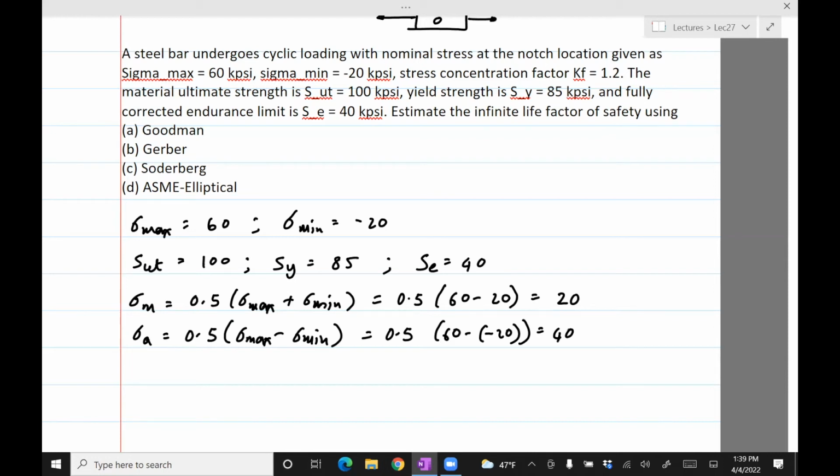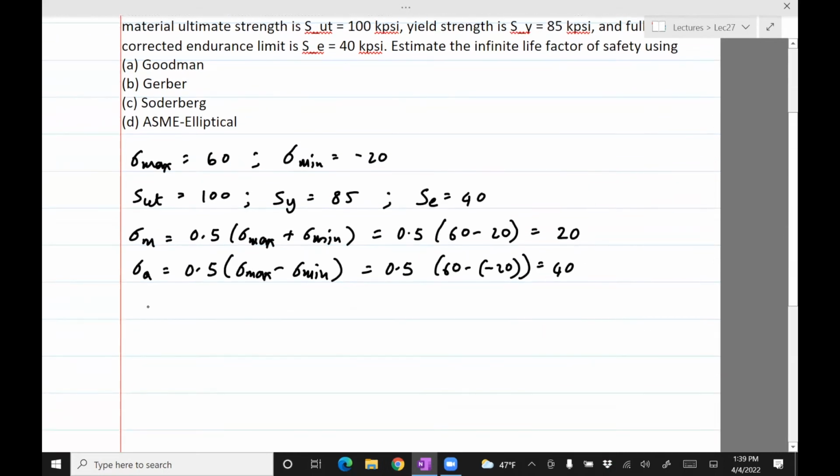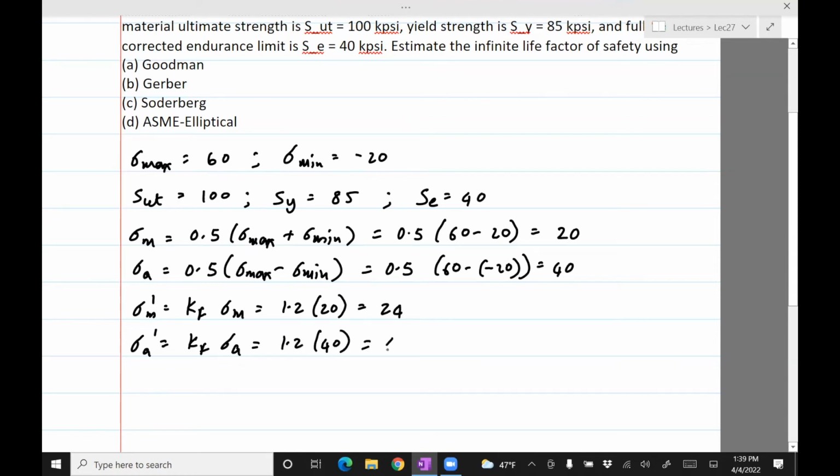Sigma M prime is KF sigma M, so 1.2 times 20, 24. Sigma A prime is KF sigma A, 1.2 times 40, which is 48.